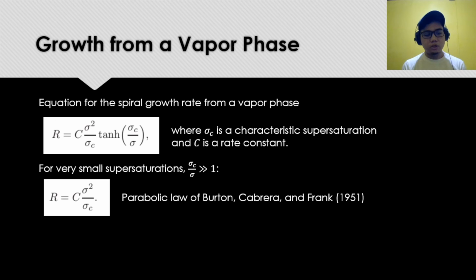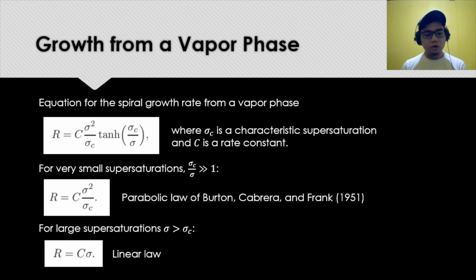So this is a parabolic relationship between growth rate and the supersaturation. On the other hand, when we have very large supersaturations where sigma is much larger than sigma c, we are left with R equals C sigma, which is just a simple linear relationship between the two variables.